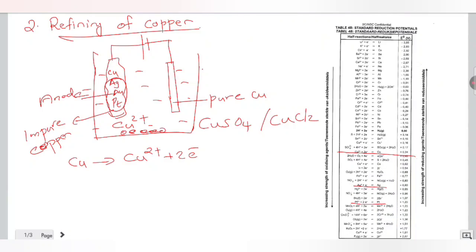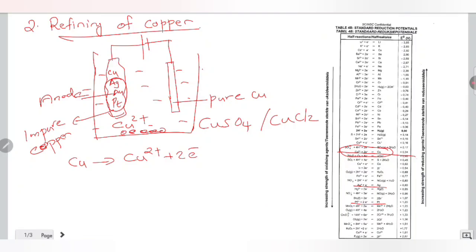You remember that the impurities, we call them sludge. If you want to find out whether an impurity is part of the sludge, it must be below copper. If it's below copper, that's sludge.